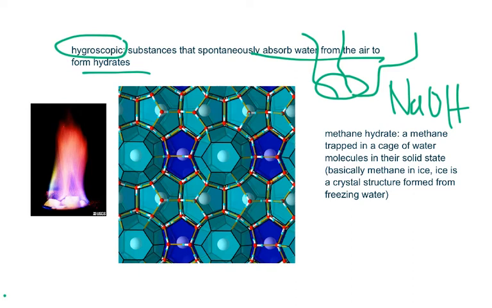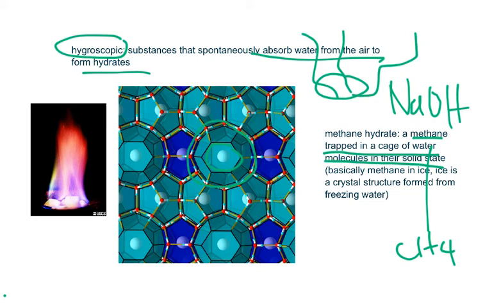So now let's talk about what a methane hydrate is. A methane hydrate is when a methane molecule, which is CH4 if you didn't remember, is trapped in a cage of water molecules that are in their solid state. So in this diagram here, we have a white circle, which is a methane molecule, being enclosed in a crystalline structure made of water.